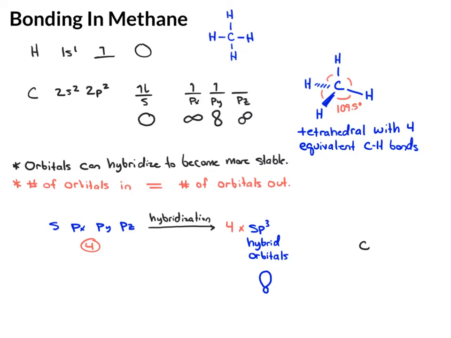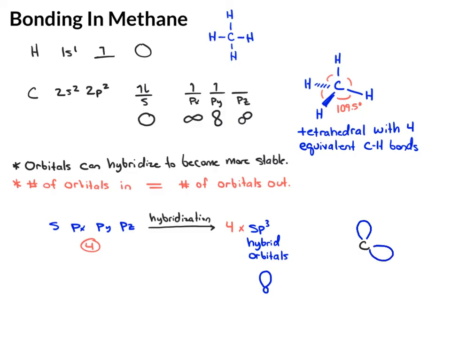It's kind of hard to see when we draw this because I'm not going to use dashes and wedges, but I'm going to put them in the same basic orientation as the tetrahedron up here. And when we draw these, a lot of times we just draw the large lobe, and we omit the small lobe just to make it a little simpler.